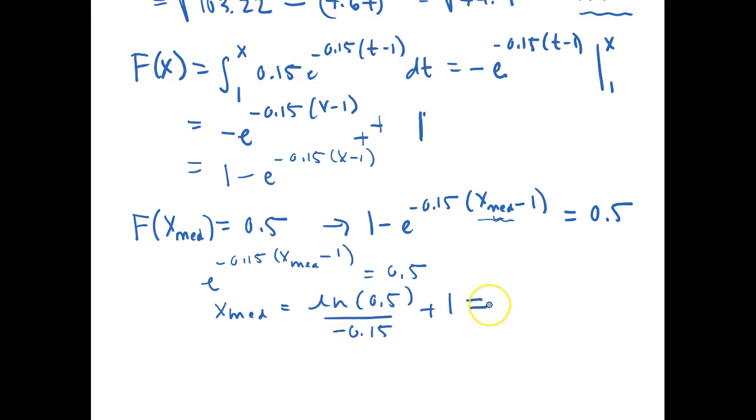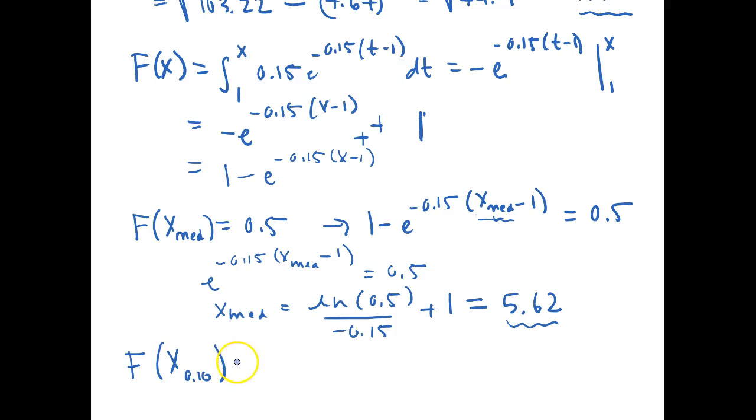So our median is equal to this expression, which is approximately 5.62. What this means is you could plug in 5.62, integrate from 1 up to 5.62, and you should get 0.5.